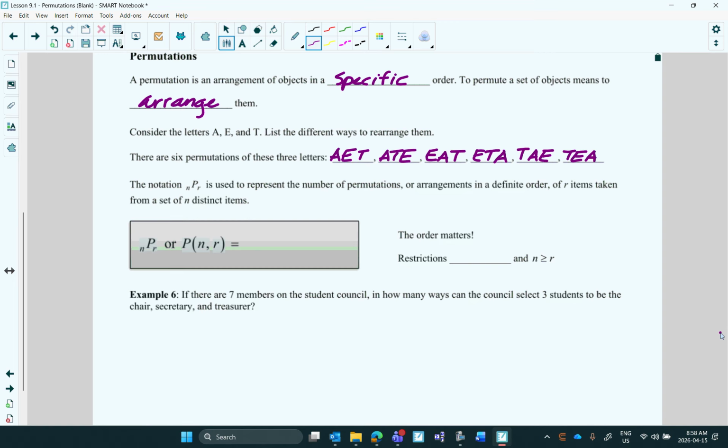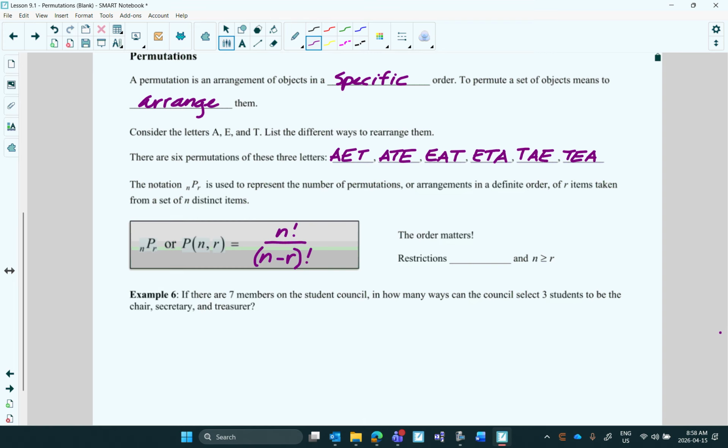Okay? Well, we could have found that by the fundamental counting principle. We can also find that using permutations. And this is specific permutation notation. What does this mean? It means take the number at the beginning, take its factorial, and divide by the number at the beginning, subtract the number at the end, its factorial.